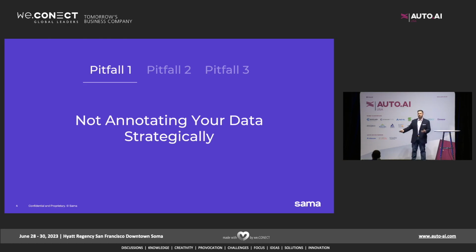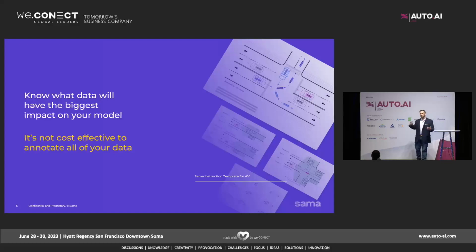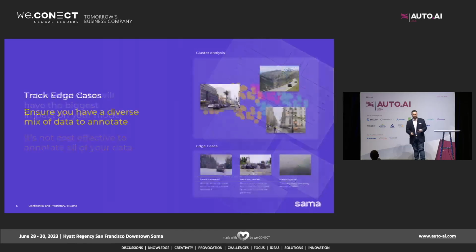Is it too similar to the data that I've had before? Is it going to actually serve the use cases and needs that I have? And so what you need to know is what data will have the biggest impact on your model. It's not cost effective. We do data annotation, and I'm telling you, you shouldn't annotate all of your data. You want to annotate the right data that is going to have an impact for you.